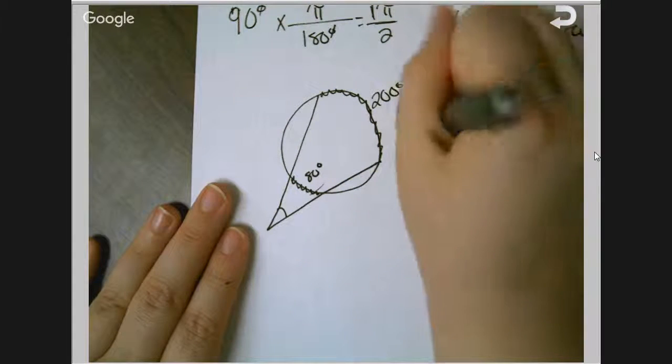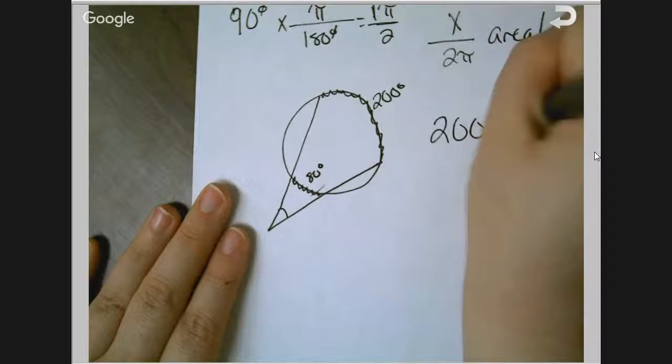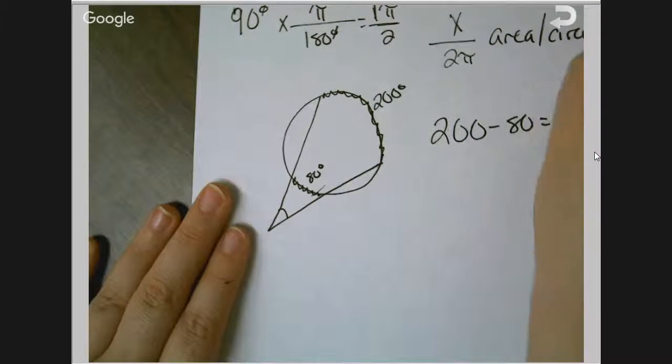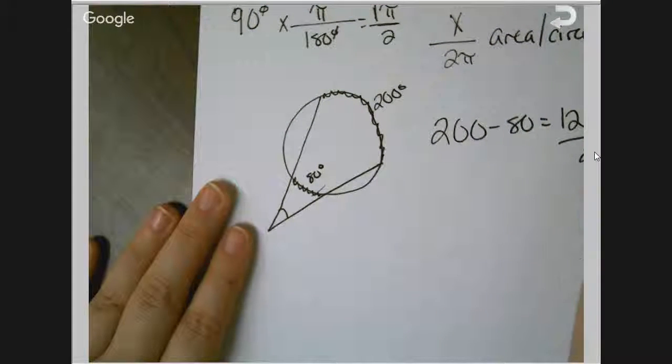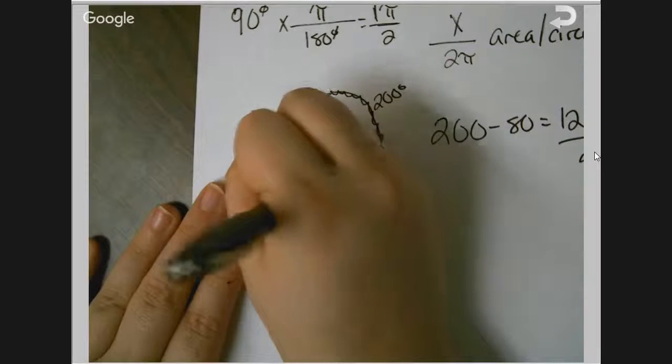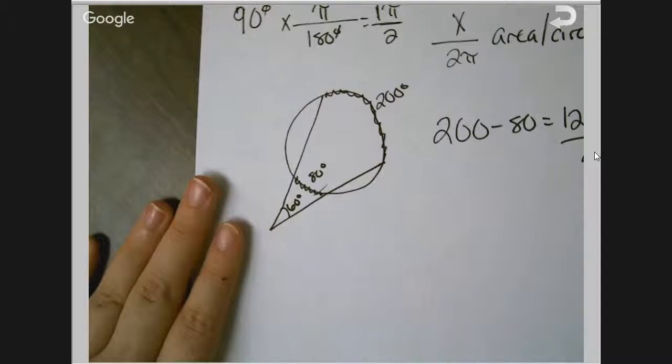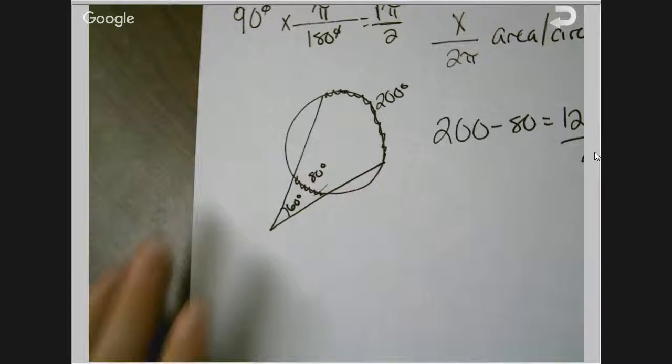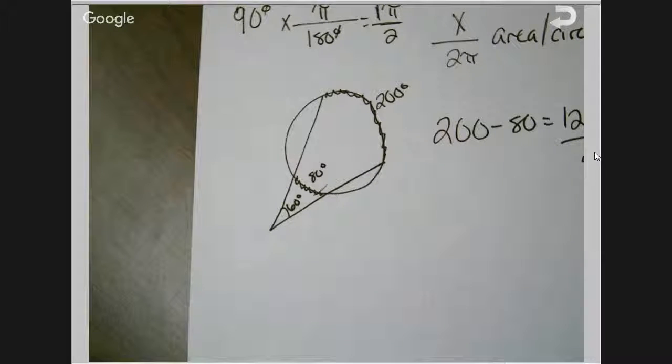So 200 minus 80 is 120, divided by 2 is 60 degrees. Okay, that kind of makes up for the situation of it pulling all the way out instead of staying inside.